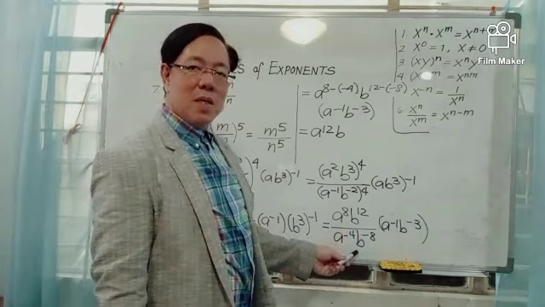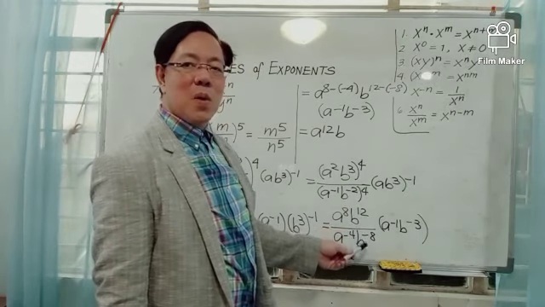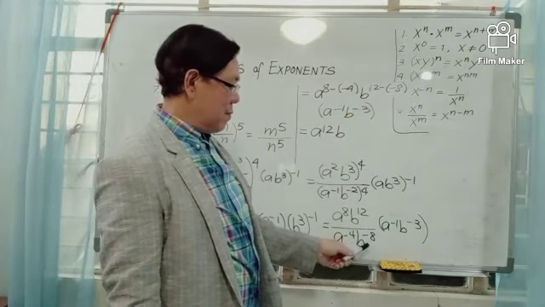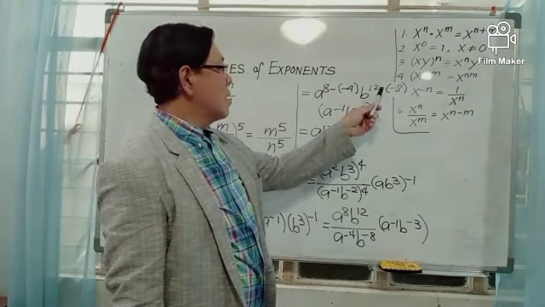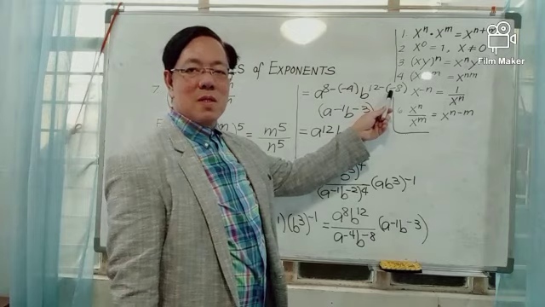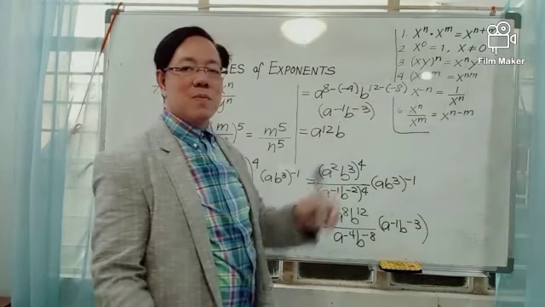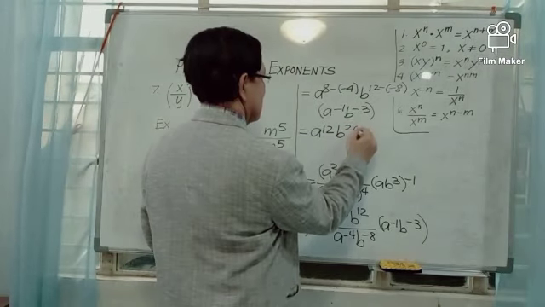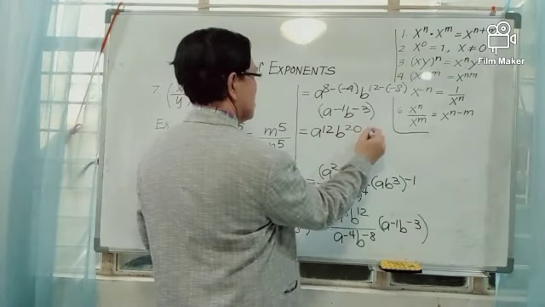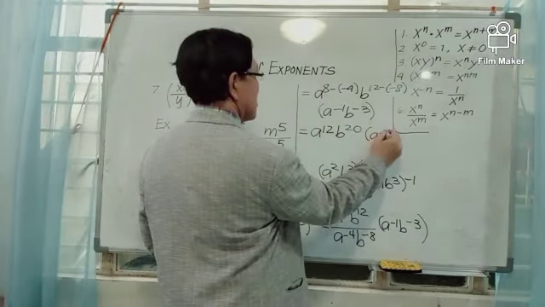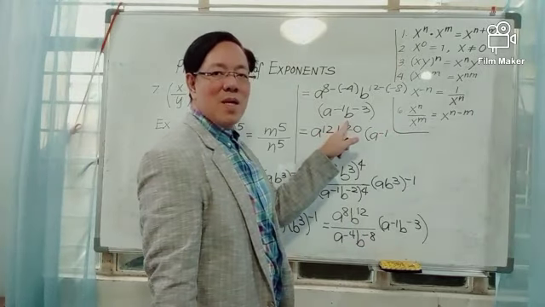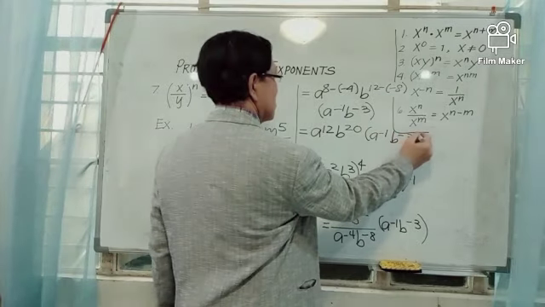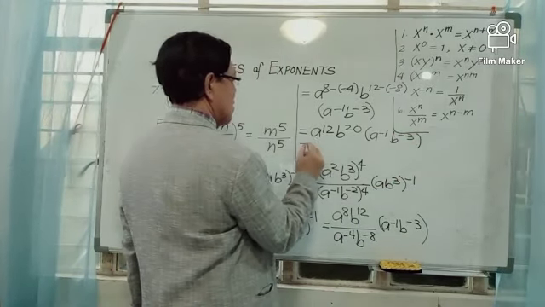Common base is b, and we get the difference of the exponents, 12 minus negative 8. Negative times negative is positive, 8 plus 12 is 20. Multiplied by a raised to negative 1 multiplied by b raised to negative 3 equals.